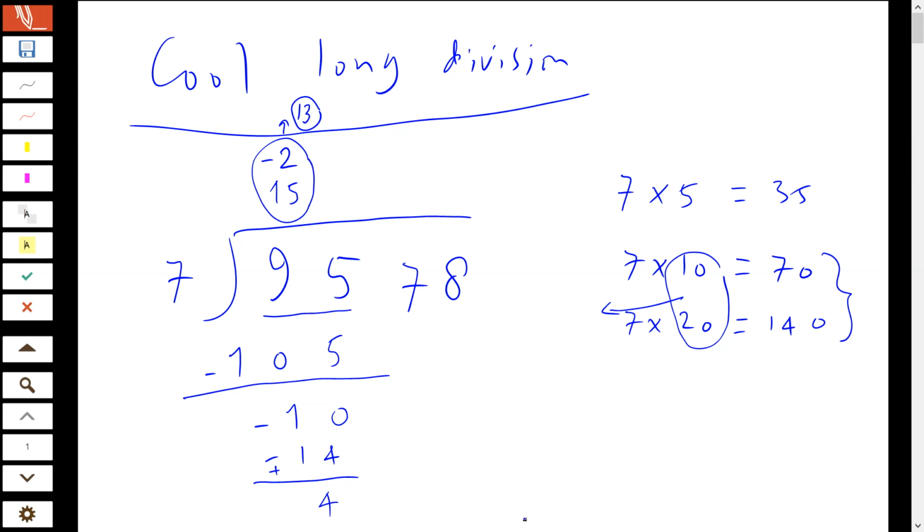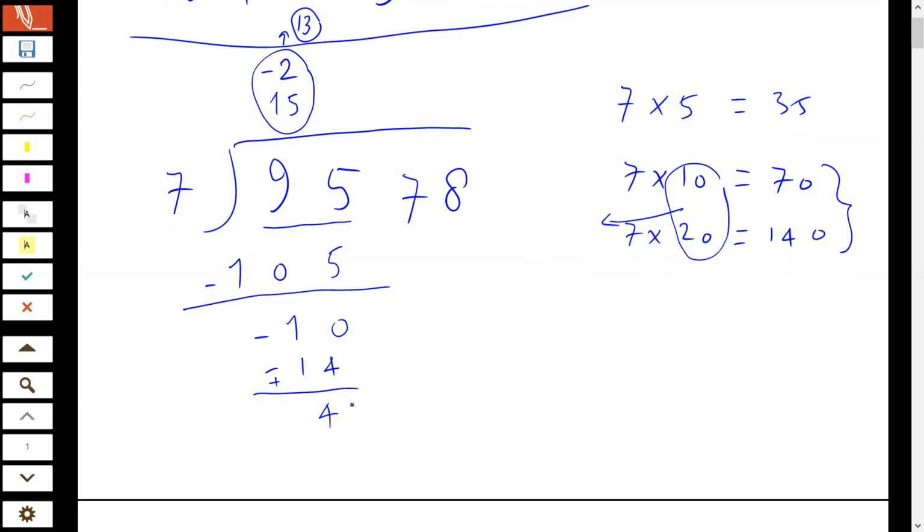Now let's bring this 7 below. Now I want to deal with 47. So again, the rule is simple. 7 times 10 is 70, and 7 times 5, I already wrote that, is 35.